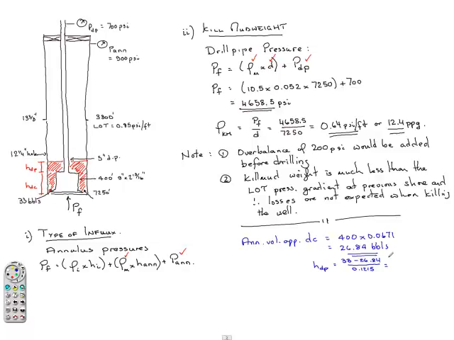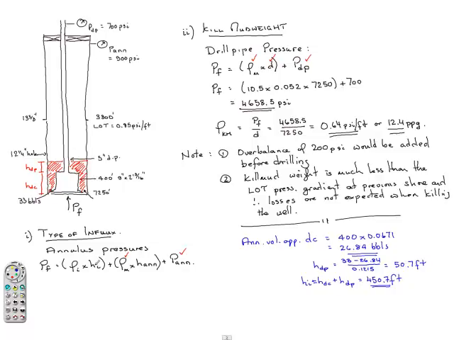If you divide that out, you get 50.7 feet. So the total height of the influx equals HDC plus HDP, which equals 450.7 feet. 400 plus the 50.7.